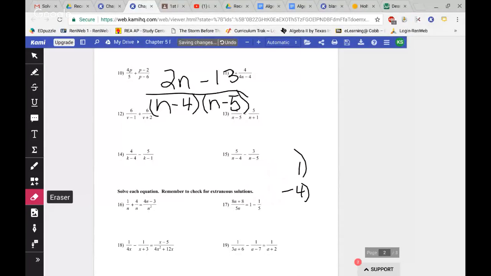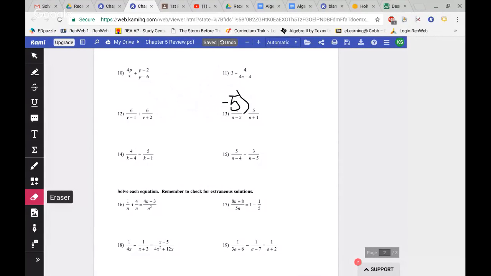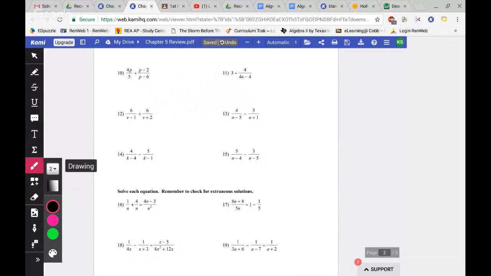Then I'm going to move right along to number 14. And once again, what we're going to do is create a common denominator. And on this, we want to factor, and nothing here can really be factored. So we'll have k minus 4, k minus 1.